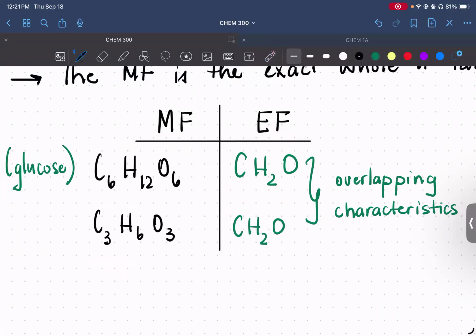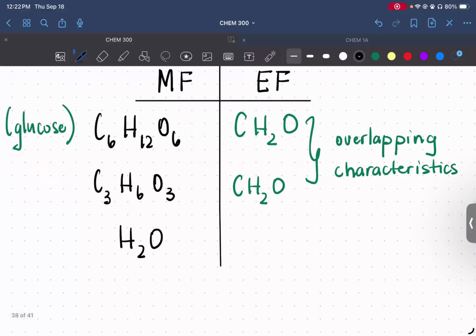There are occasions, however, such as H2O, where the molecular formula is as simplified as it can get. You can't simplify H2O anymore. So its molecular formula is H2O, and its empirical formula is also H2O.